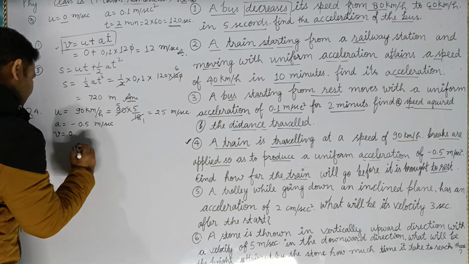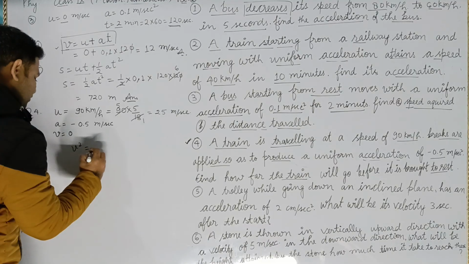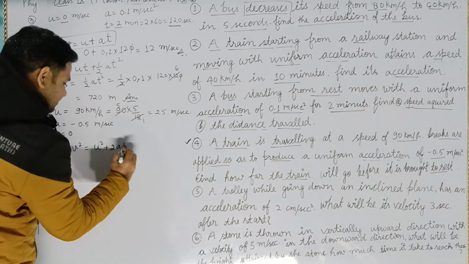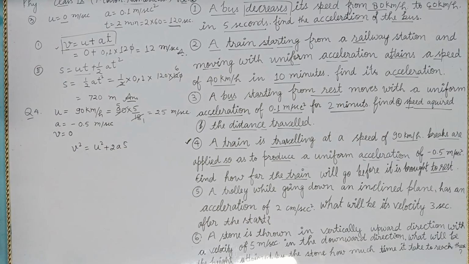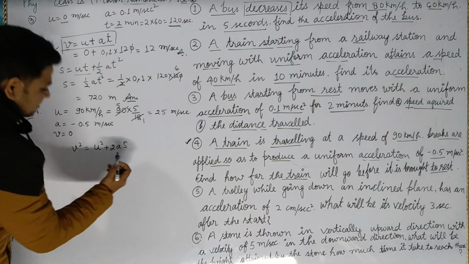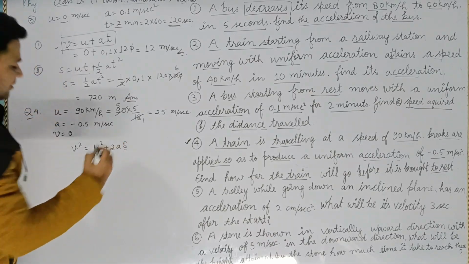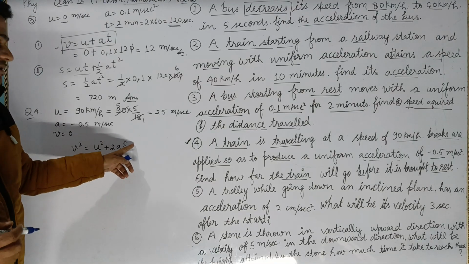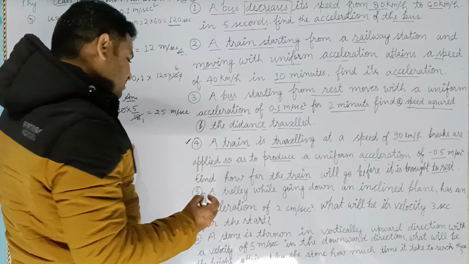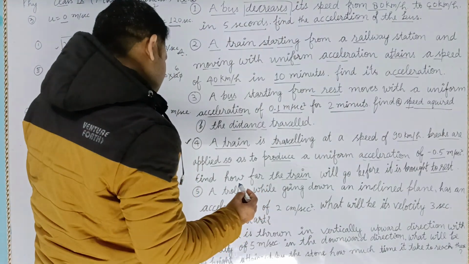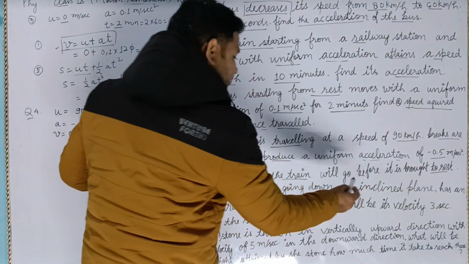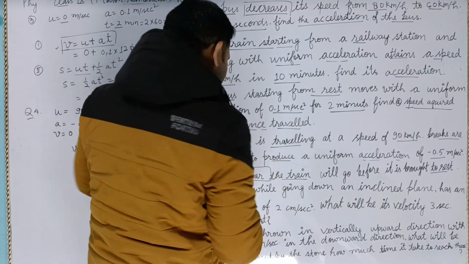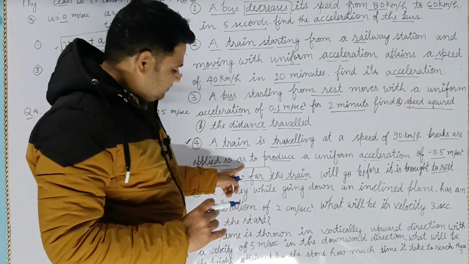v square equal to u square plus 2as. From here we have to find out s. S is distance. In this question, we find how far, or the distance covered by the train.